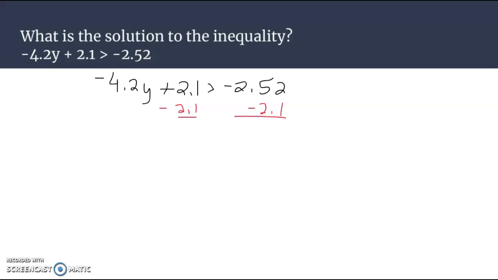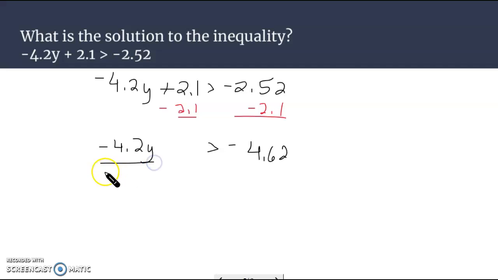And if I have negative 2.52 minus 2.1, left with negative 4.62. Still have the inequality symbol, still have negative 4.2y.